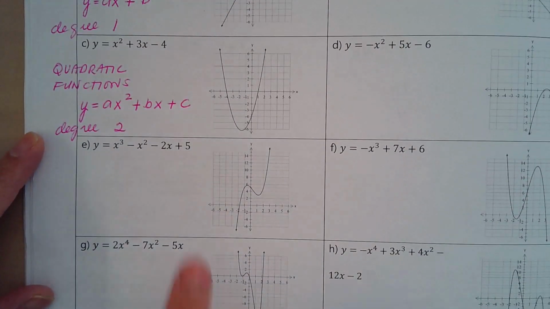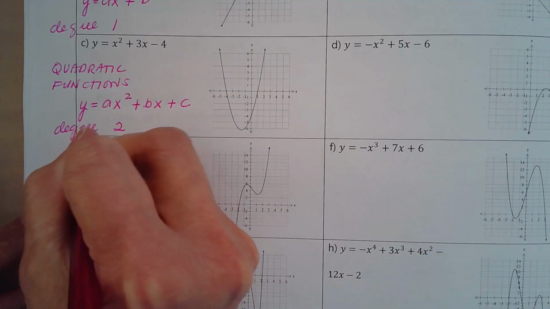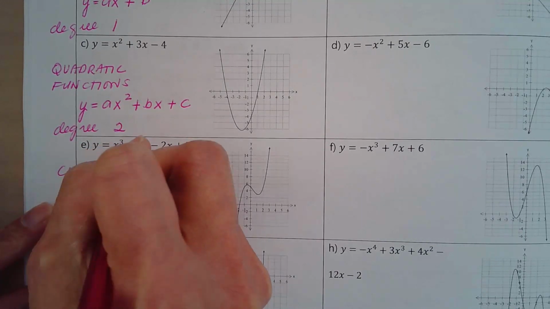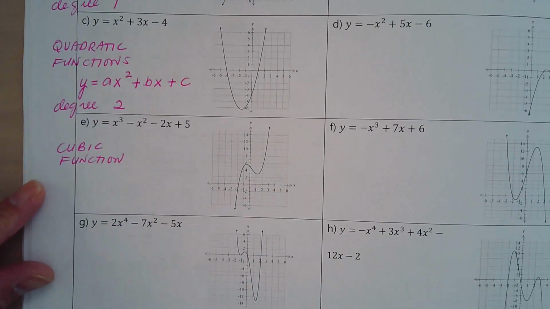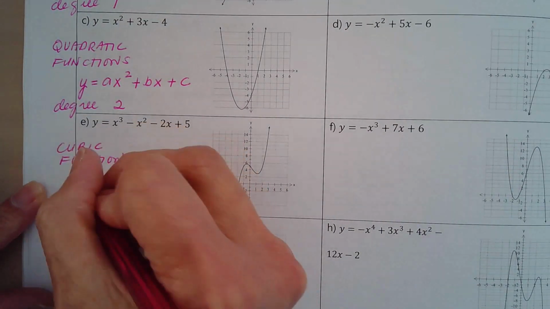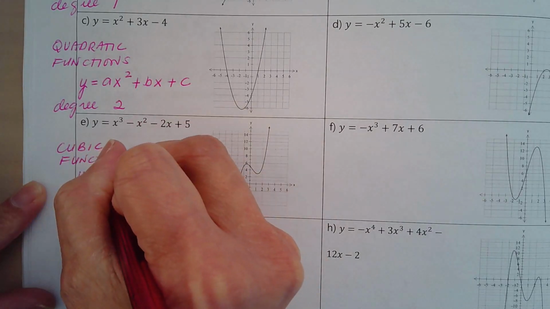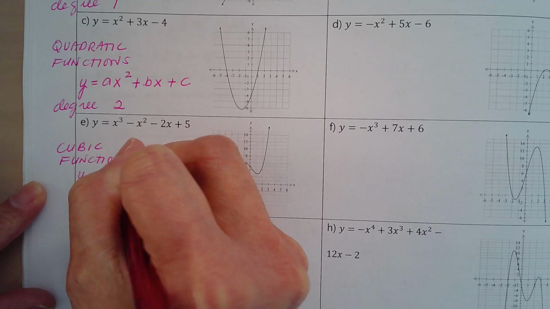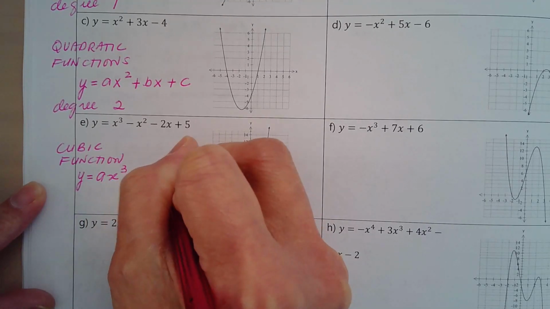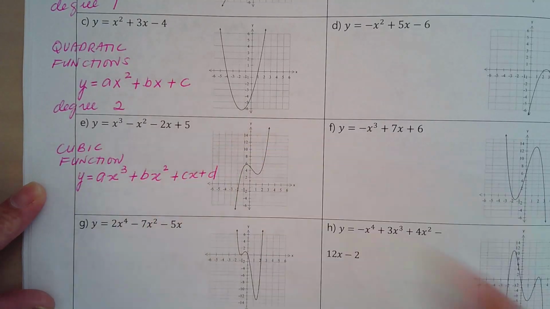Okay. What do you call this one? This one is called a cubic function. And what's the general form for a cubic function? Because it's a cube, it's going to be ax cubed plus bx squared plus cx plus d, right?